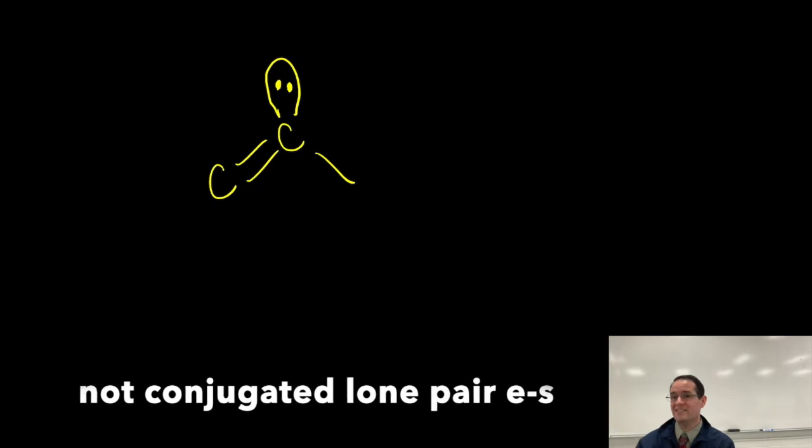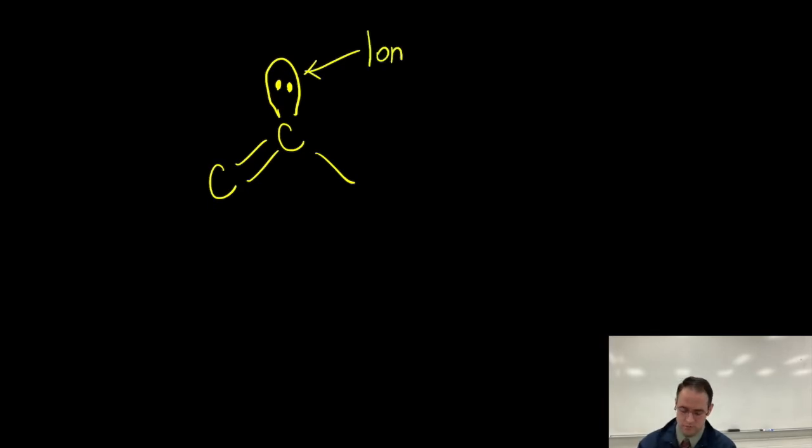Rule number 2, and this is all there is: if you have lone pairs that are on an atom that already has a pi bond to it, those lone pairs are not in a p orbital.